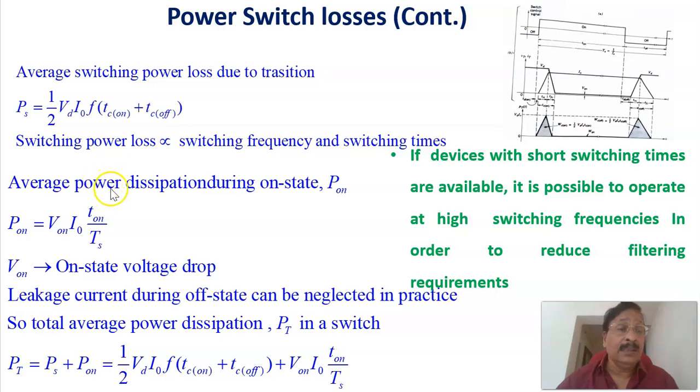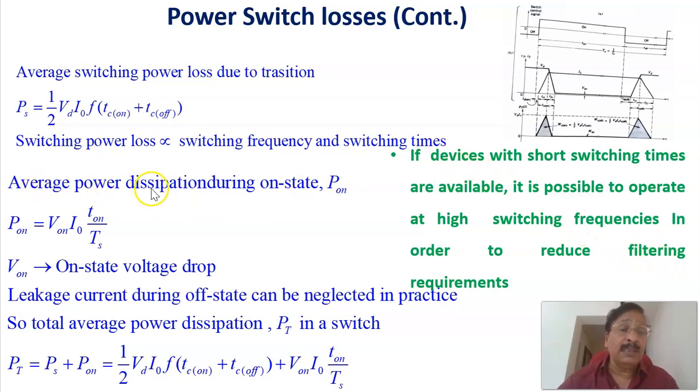Therefore if a device with short switching time is available, that is TC on and TC off are less, it is possible to operate at a high switching frequency in order to reduce the filtering. If you are operating the switch at a very high frequency, then the filtering requirement is reduced. Now, in order to operate at a very high frequency, these timings should be very small. Therefore, for the same power loss, if you are reducing TC on and TC off, it can be operated at a higher frequency so that the size of the filter can be reduced.